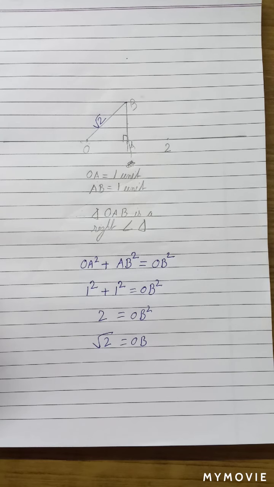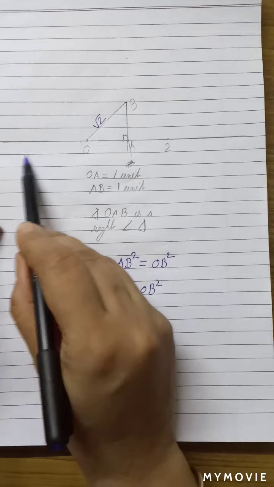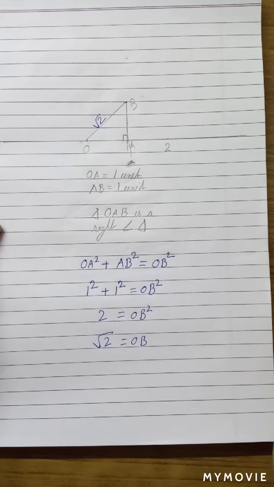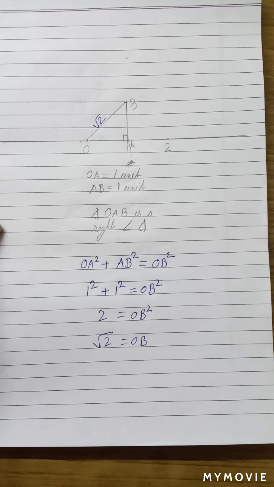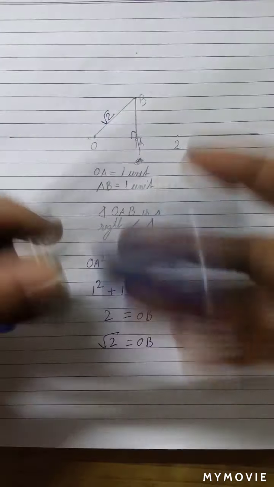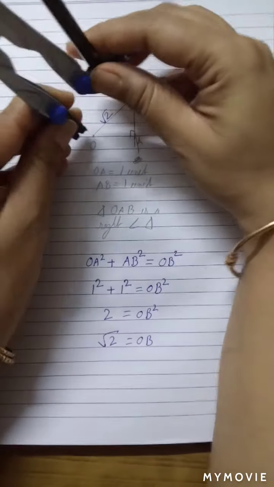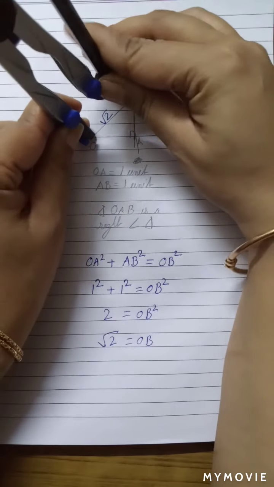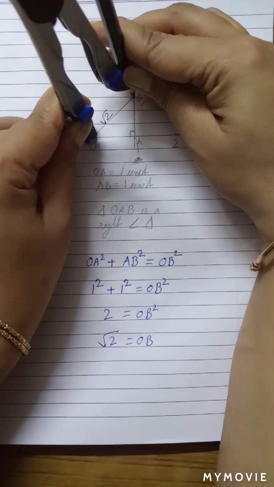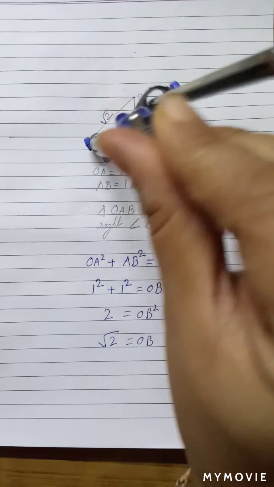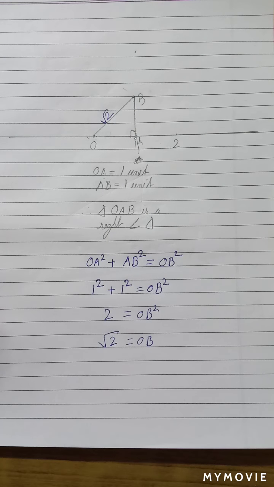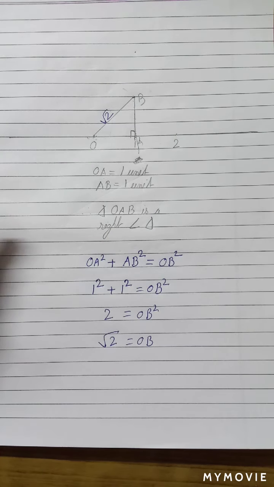But this is not where we want to plot it. We want to plot it on this number line. So how are we going to do it? Let's see. Now we will actually do a small trick. With OB as the radius, let's consider OB as the radius.